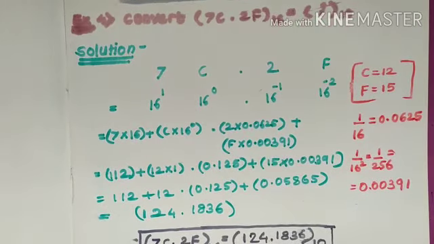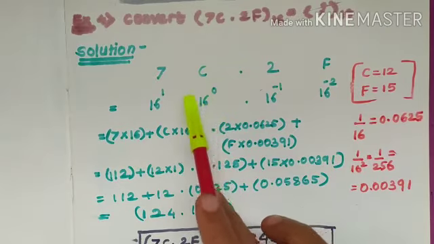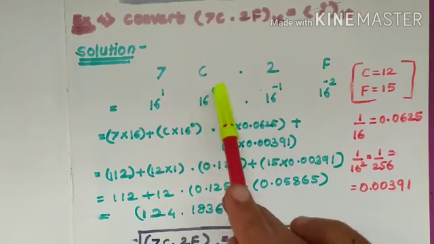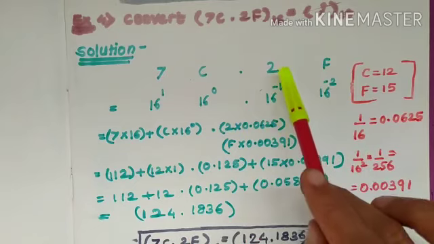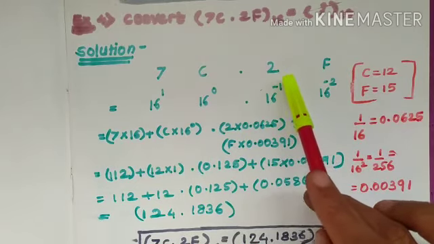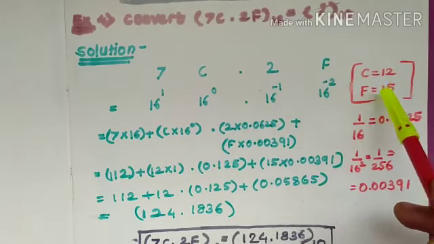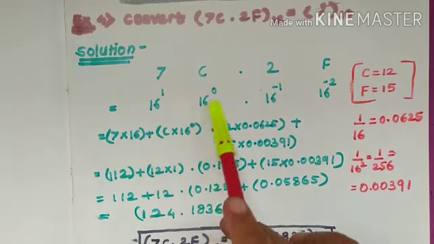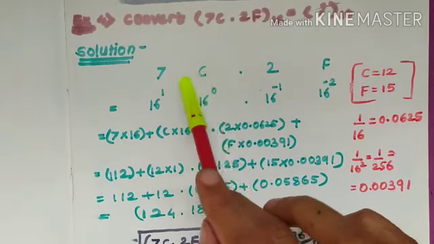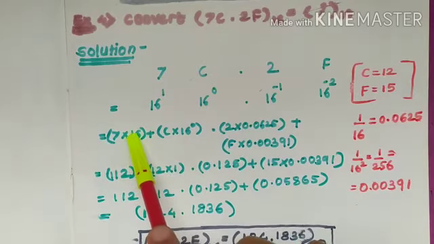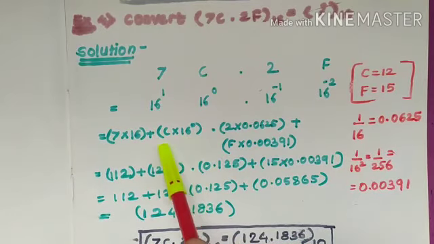So by writing these numbers, write the hex weightage below each digit: 16 raised to 0 for the LSB, 16 raised to 1 for the MSB. Then next, for the fractional part, 16 raised to minus 1 for this 2, 16 raised to minus 2 for F, that is 15. By multiplying all these hex weightages by their respective hex digits, like 7 multiplied by 16 raised to 1, then C multiplied by 16 raised to 0, and C is nothing but 12.